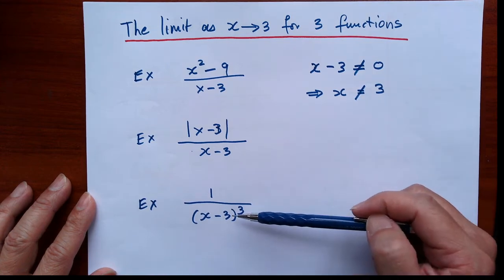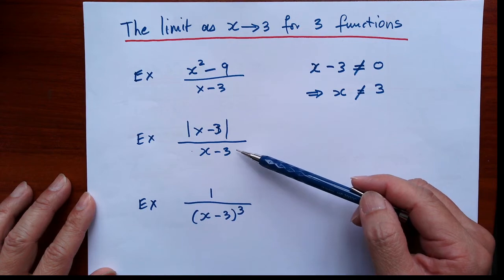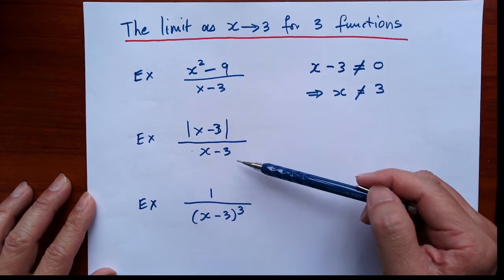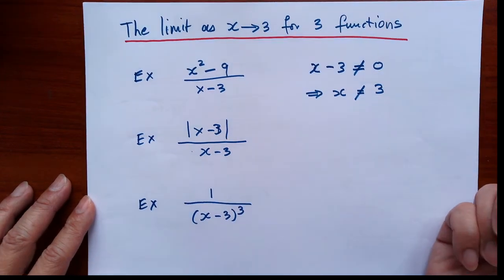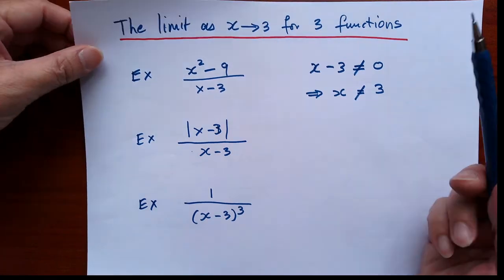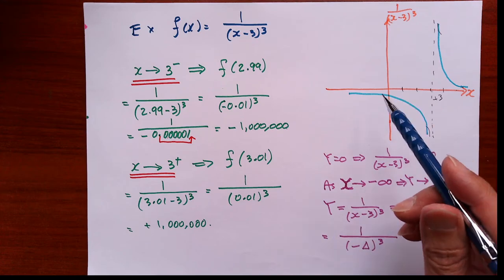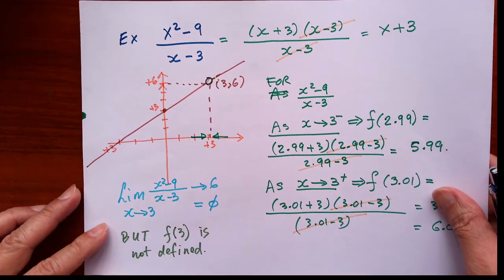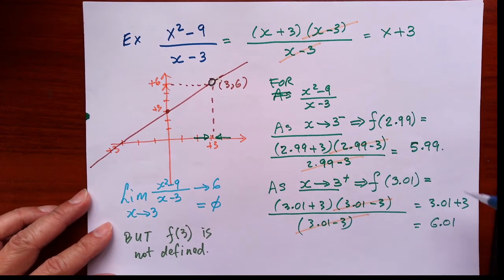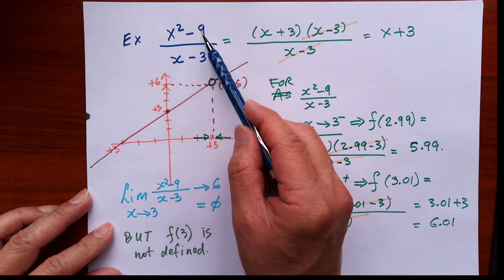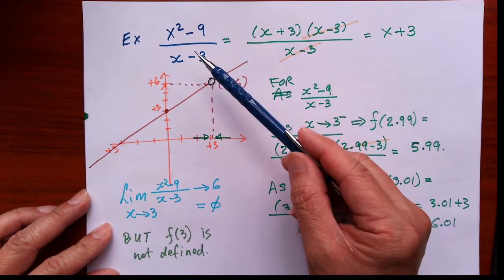It just means that when the denominator is 0, we have an asymptote. So this is the first equation, x squared minus 9 over x minus 3.